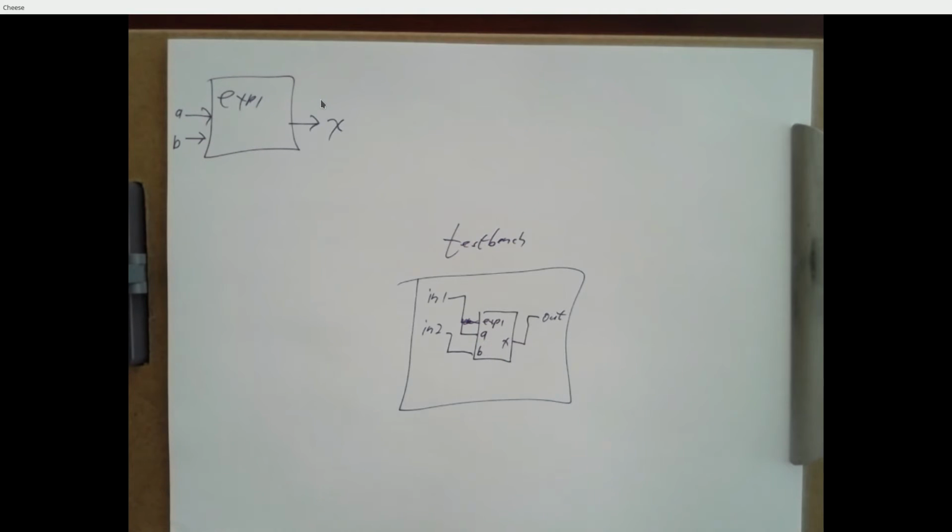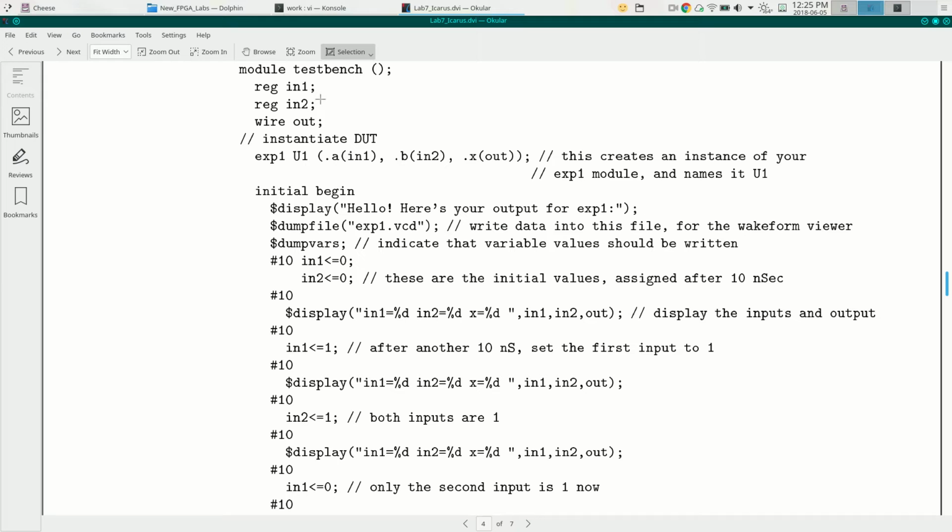Is that clear? So we're making an instance of exp1, we're calling it u1. And we're saying how we're going to feed the inputs and read the outputs. And then everything in this test bench initial statement is basically setting in1, in2, and looking at the value of out.